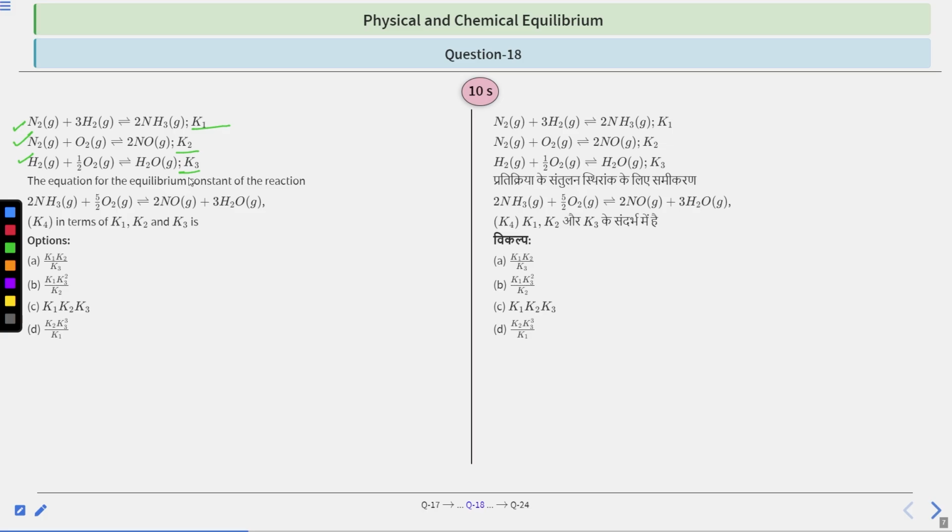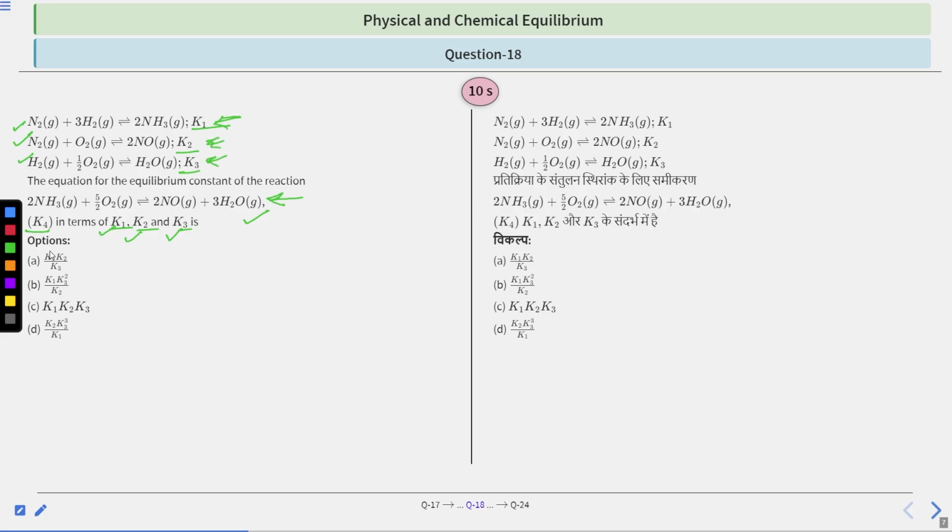The question asks for the equilibrium constant K4 of the reaction 2NH3 plus 5 by 2 O2 giving 2NO plus 3H2, in terms of K1, K2 and K3, which are the equilibrium constants for the three reactions given.